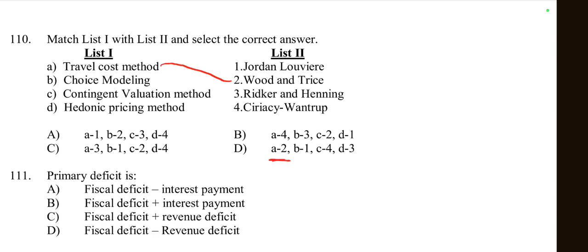Then choice modeling is given by Jordan or Lovey. Then the contingent valuation method, then the hedonic price method given by Rader and Henning. So A2, B1, C4, D3, option D.